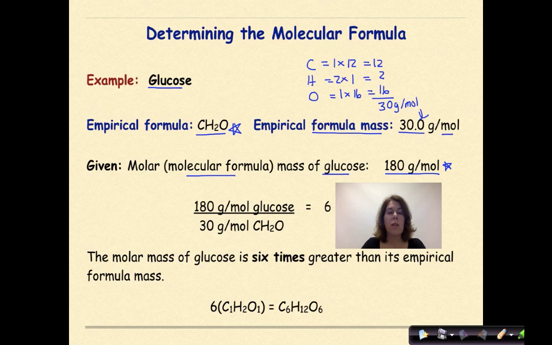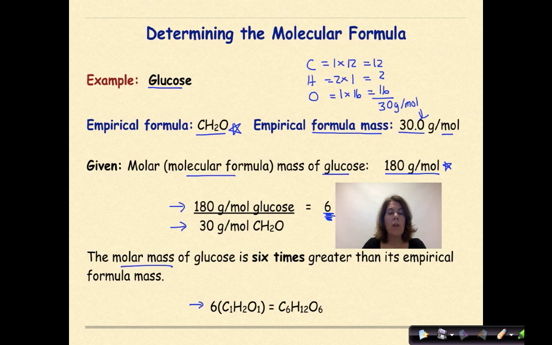Now, we have the molar mass, we have the empirical formula mass, so we need a whole number. So we're going to take the larger amount, which is the molar mass, and divide that by the empirical formula mass, which was given in this example, but typically we would have to calculate, and we get the number 6. That 6 is what you are going to multiply all the subscripts by in the empirical formula.